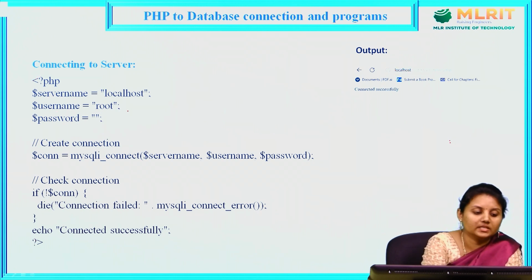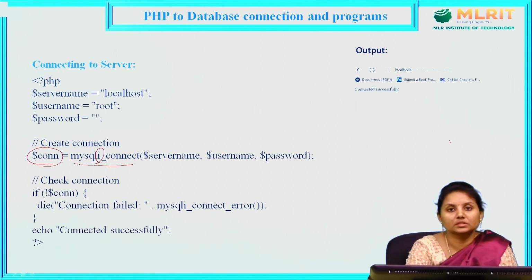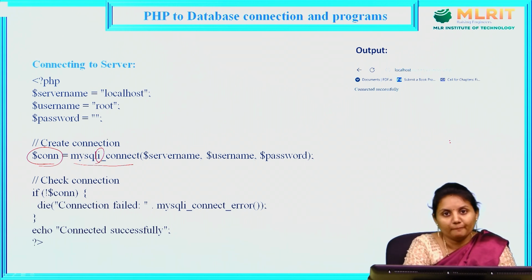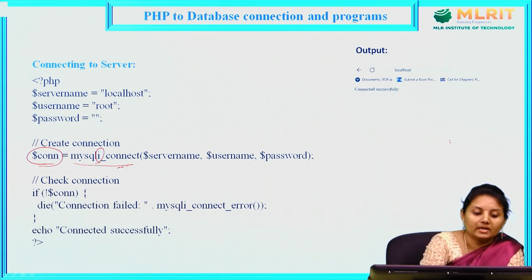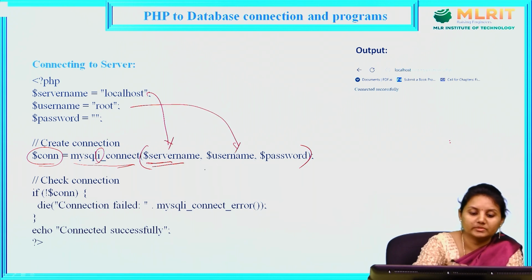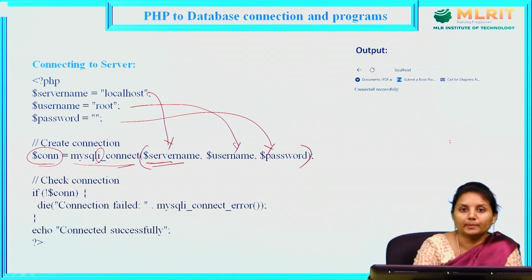When you send this, you create a connection. How to create a connection? mysqli underscore connect. We use mysqli because this is the upgraded version of PHP's MySQL extension, which can be used using the I. For this function you have to pass parameters: server name is the first parameter, username the second parameter, password the third parameter.